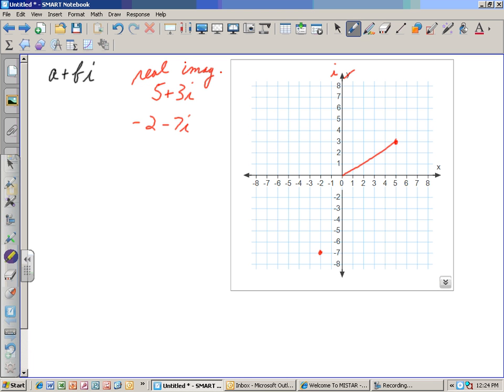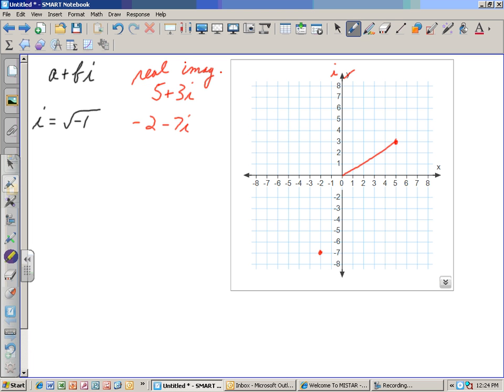We also had this information that i is a representation for the square root of a negative number, typically the square root of negative 1. And that's what i is. When you see i in an equation or in some type of problem, we never change i back to the square root of negative 1.